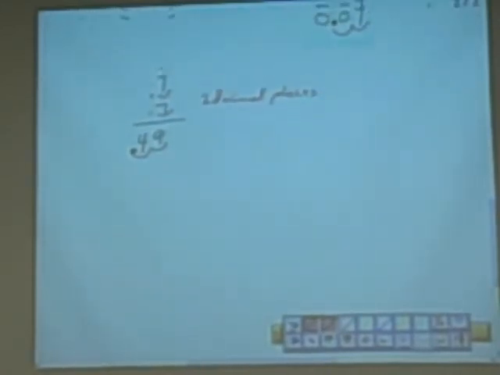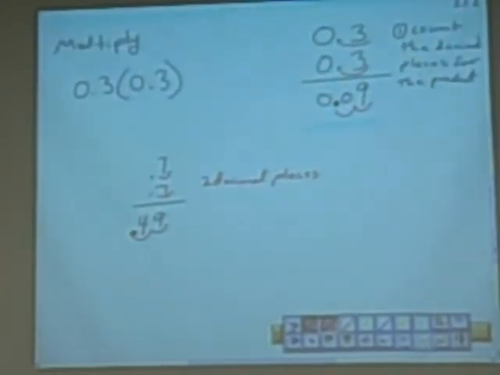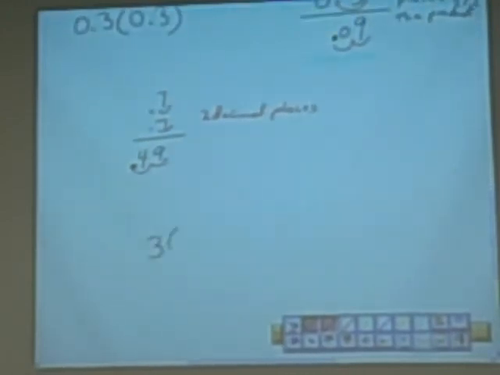Alright, any questions? Yes, if you had 0.3 times 0.3, would you have to put the 0 in front of the point? No, you don't have to put that 0 in front. Now see this one, you have a 0 before the 9, so you can tell that it's 0.09 and not just 9. But what if you have something like 3 times 0.3? That's 3 times 0.3, and you get 9.